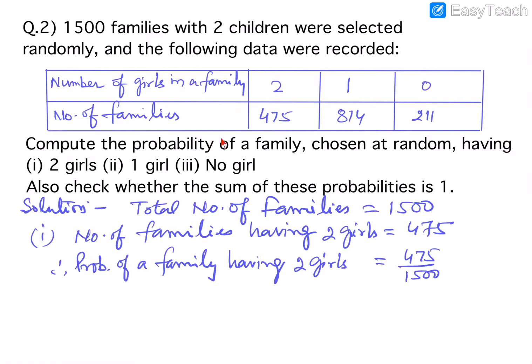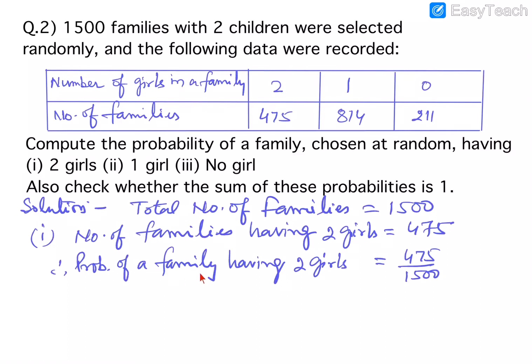Now compute the probability of a family chosen at random having 2 girls, 1 girl and no girl. Here total number of families, that is total number of trials made, is 1,500. Number of families having 2 girls is given 475. These are the number of times in which the event has happened, and here event is 2 girls.